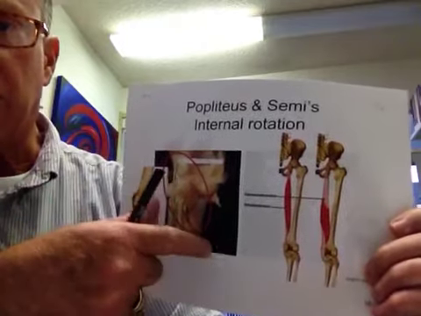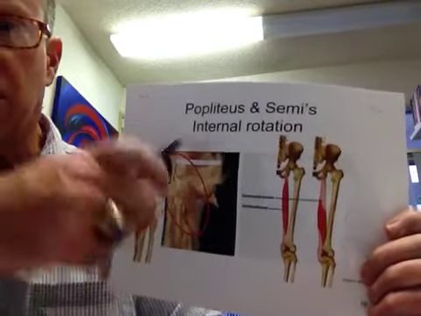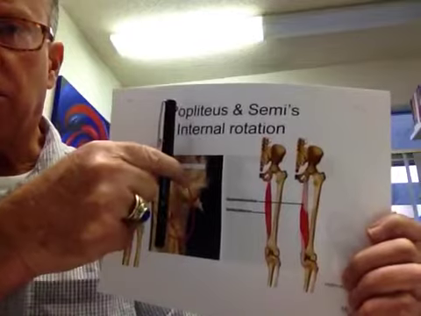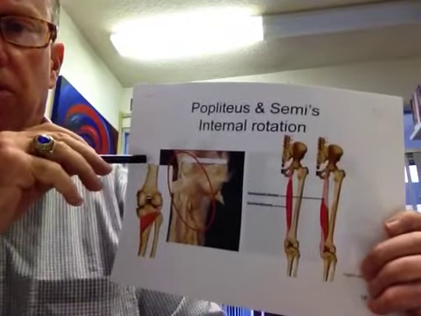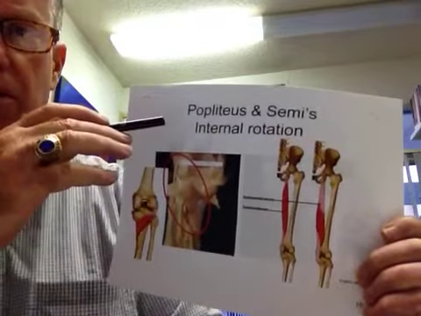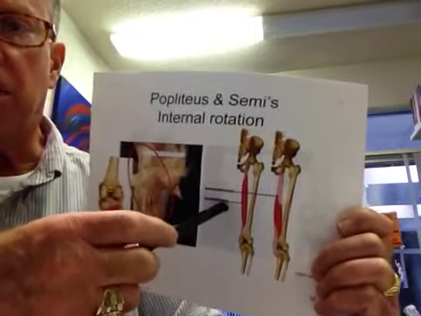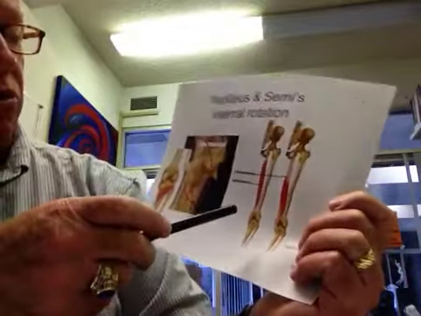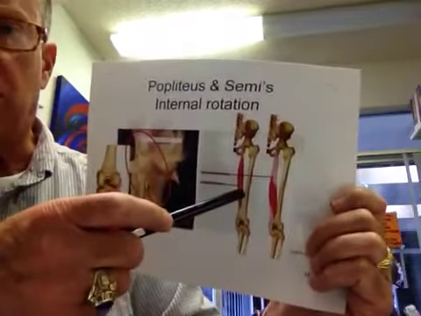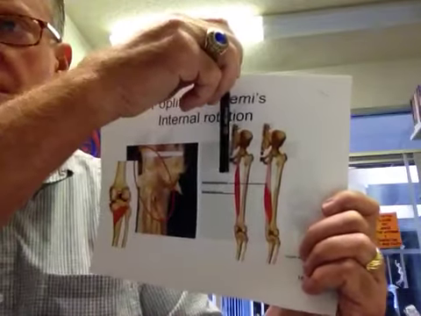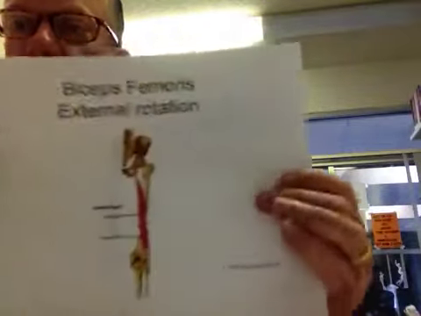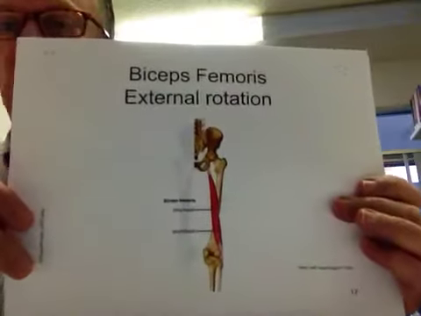When this contracts, it internally rotates around the longitudinal axis in relationship to the frontal axis. It's a flexor. Okay? The other internal rotators are semimembranosus and semitendinosus. Okay? When you put the axis of rotation here, then it will rotate the muscles internally. The only external rotator of the tibia is the biceps femoris.